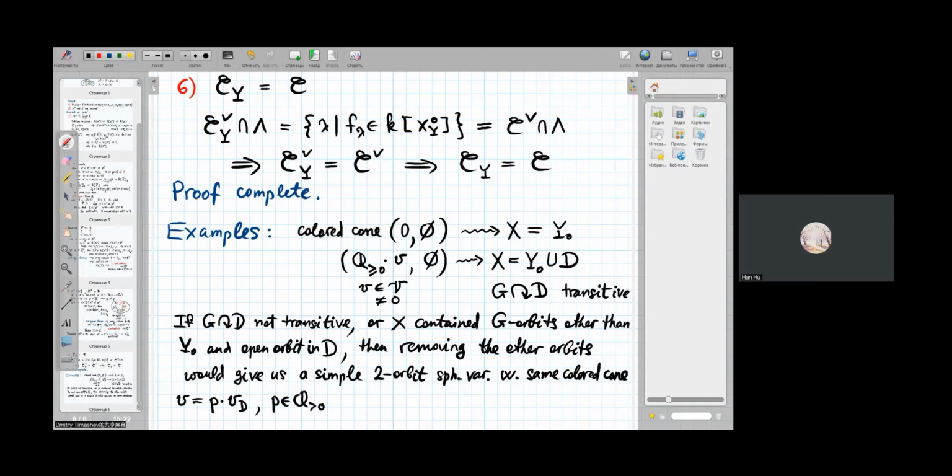Because I didn't say that this V is an indivisible lattice vector in the evaluation cone. I just took any non-zero vector in the evaluation cone. So this ray actually depends not just on V, but on V up to a multiple. If you multiply V with some positive scalar, then you get the same ray and the same colored cone. So V is not canonically defined, but what is canonically defined is the indivisible generator of this ray.